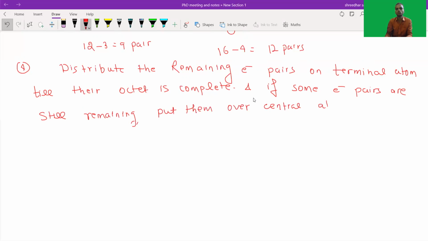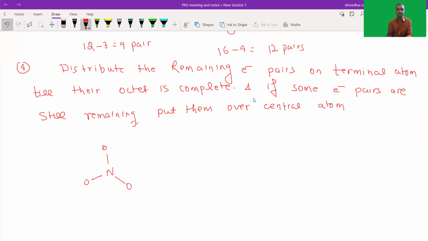So now what you have to do? You distribute the remaining electron pairs on the terminal atoms till their octet becomes complete. And if some electron pairs are still remaining, then put them over the central atom, right? As simple as that. So N, O, O, and O.